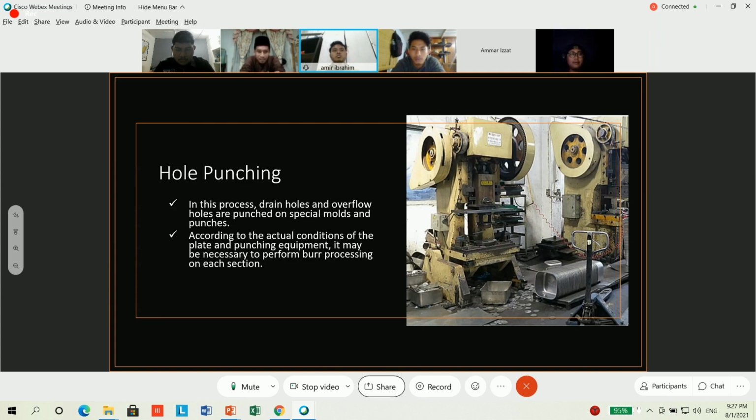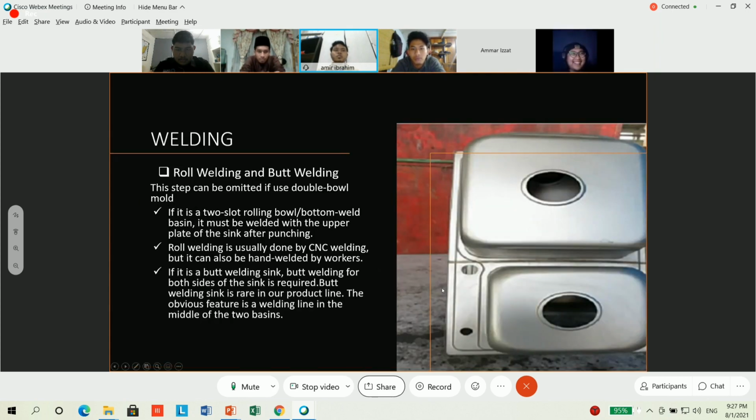So next is welding process. Welding process consists of roll welding and butt welding. This step can be omitted if a double bowl mold is used. If it is a two rolling bowl bottom weld basin, it must be welded with the upper plate of the sink after punching.